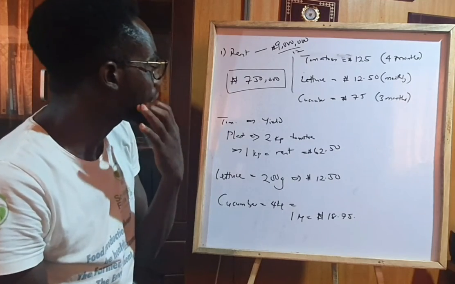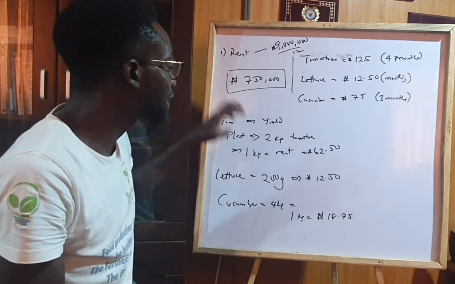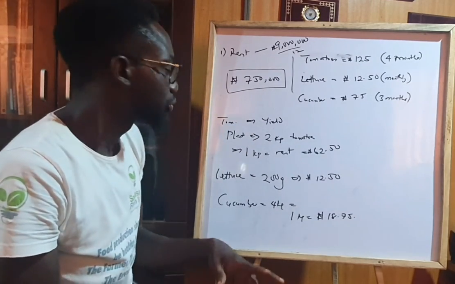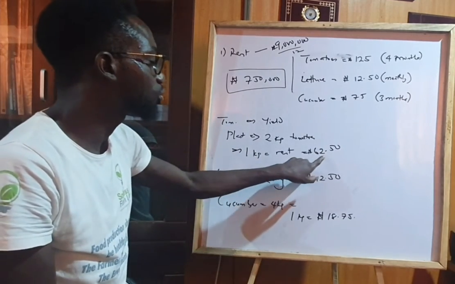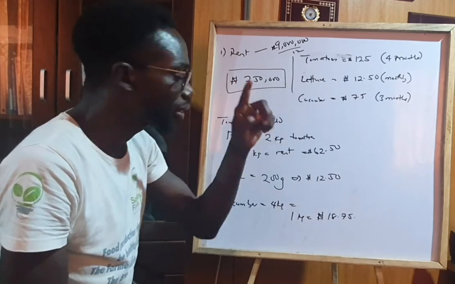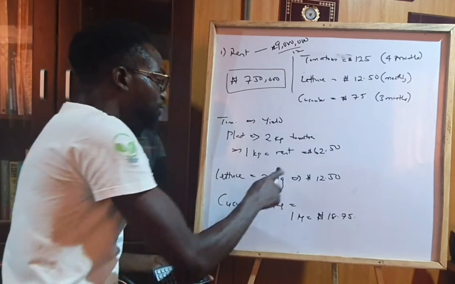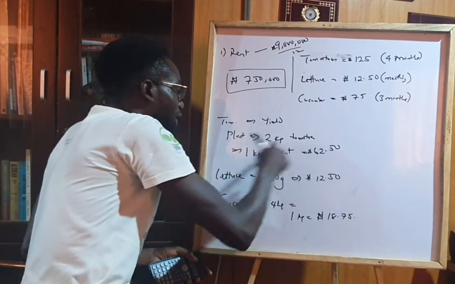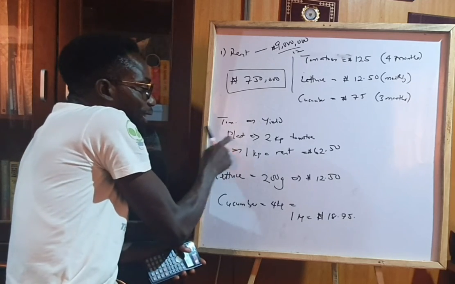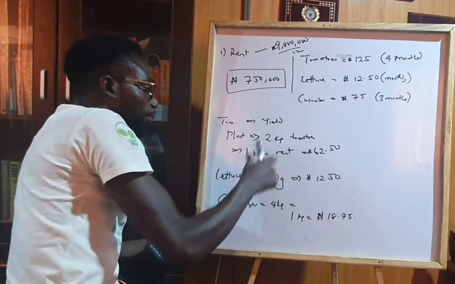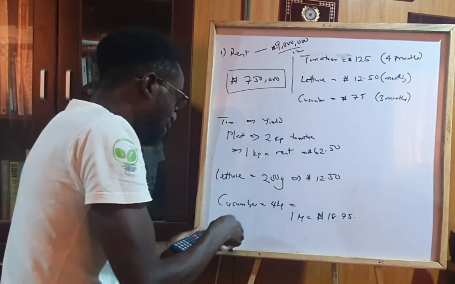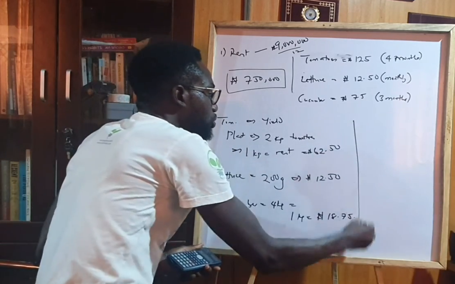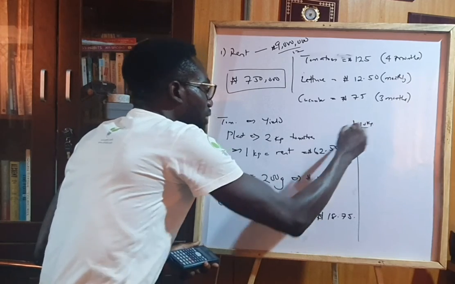Again, you want to do this based on the metrics you use for selling. So I am calculating in kilos because I sell in kilo. So I know that my 1 kg of tomatoes is at 62 naira 50 kobo per kilo. If this rent cost needs to come down, then I need to get a plant that has more yield. For example, there is a variety we just developed internally that can produce 10 kg per plant.